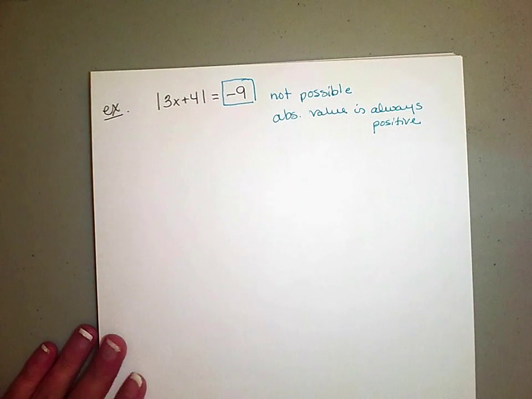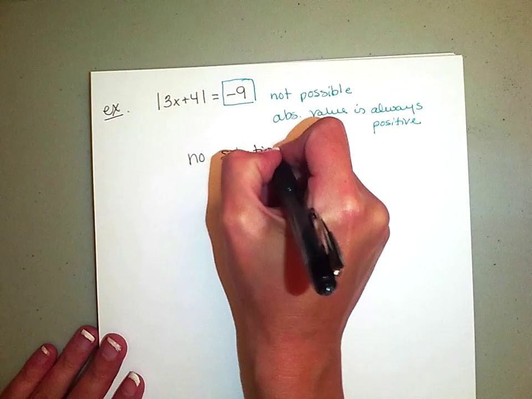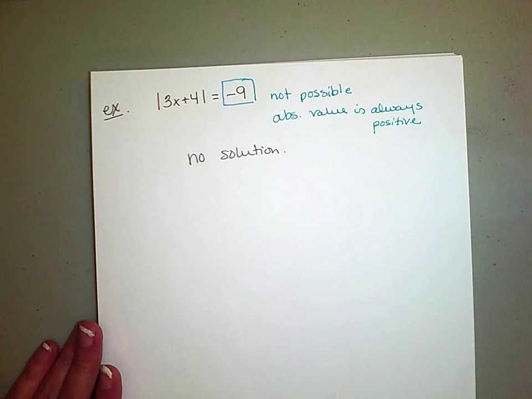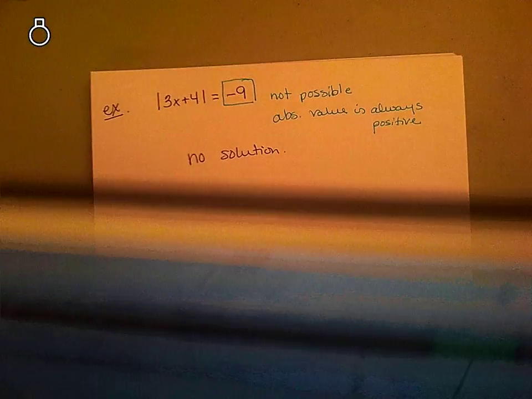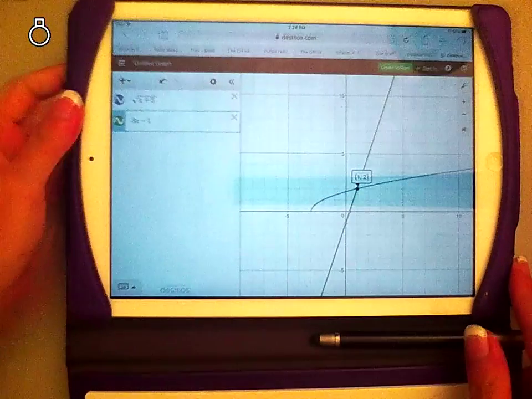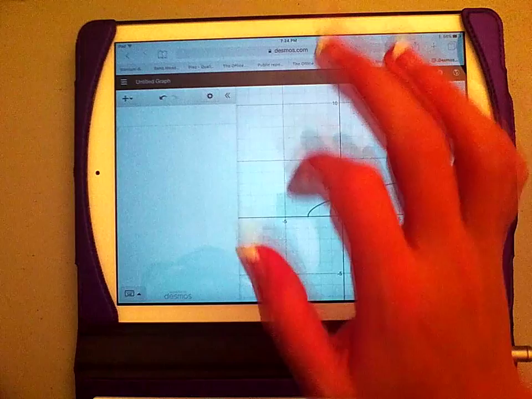So in this case, there is no solution. And let's go back to Desmos so I can show you what that would look like graphically. So let me clear these out.